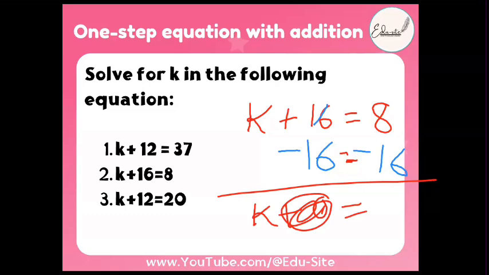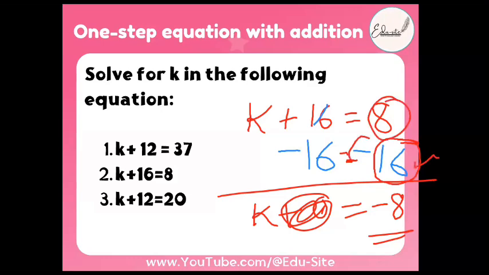Is it minus 8 or plus 8? It is minus 8, beta, because you have to check the sign of the larger number. Which is larger here, 8 or 16? The number 16 is larger, and we write the sign of the larger number. So k is equal to minus 8.